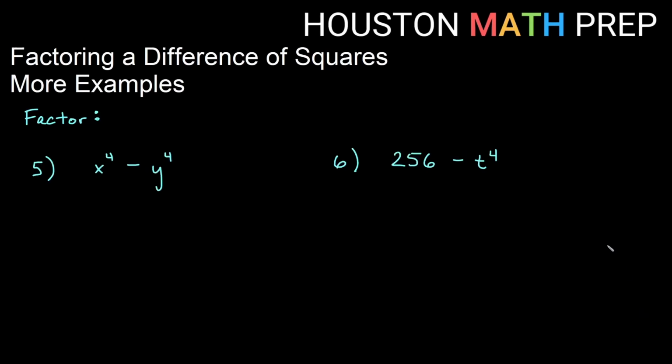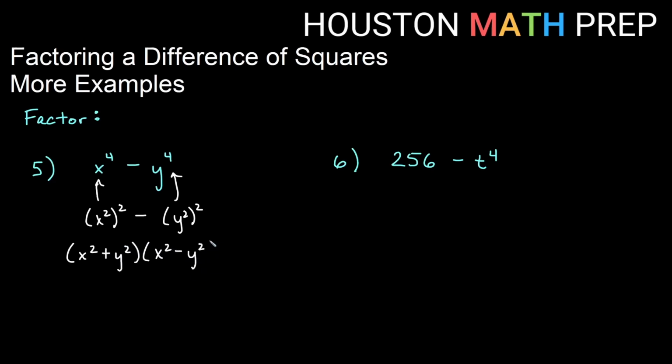All right, last examples here in the video. We have x to the 4 minus y to the 4. So we first see this as x squared times itself, and we see this as y squared times itself. So I get x squared plus y squared as one of the factors, and I get x squared minus y squared as one of the factors.